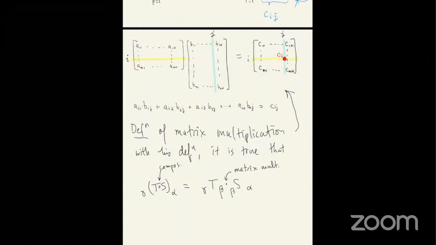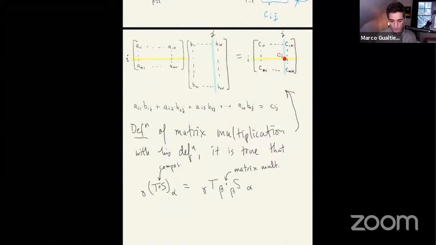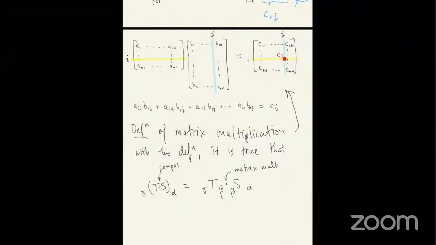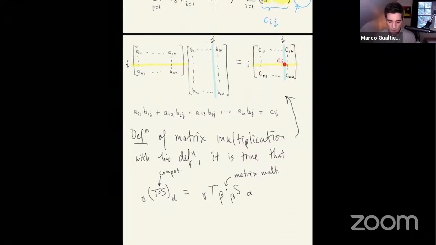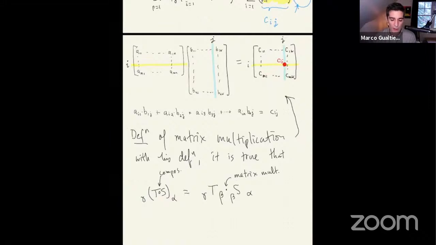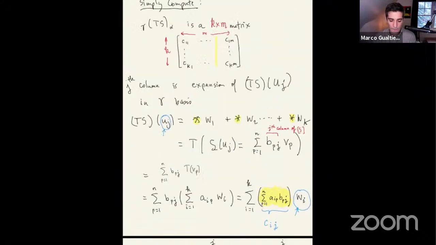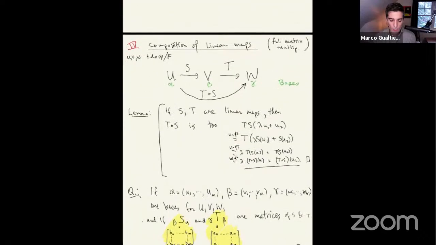Shouldn't it be C_K1, like in the matrix? So what is this matrix representing? A map that goes from where to where? It goes from U to W.